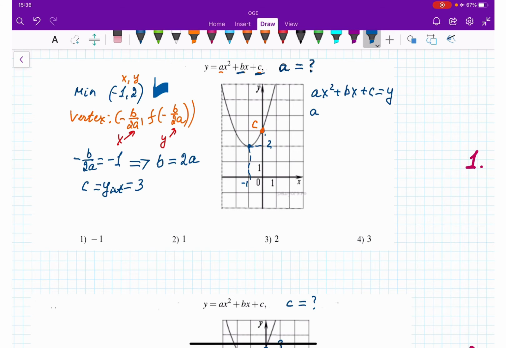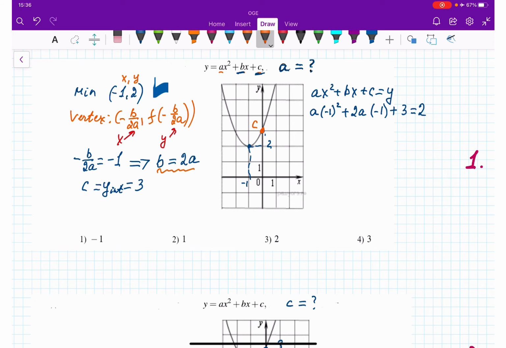So my x squared is going to be a times -1 squared, right? Plus, how much is my b? b is equal to 2a. So I put plus 2a, and my x is -1, right? Plus, how much is my c? It's 3. And all this is equal to 2.